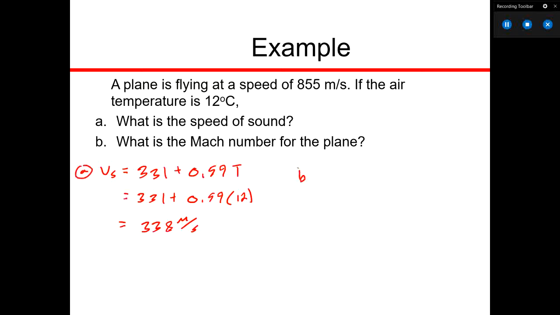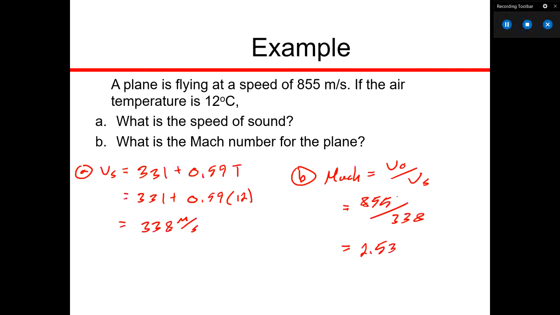Part B, what is the Mach number for this plane? Mach number is our velocity of our object divided by the velocity of sound. So our object is traveling, from the question, at 855 meters per second, and our sound is traveling at 338 meters per second. So we get a Mach number of about 2.53.